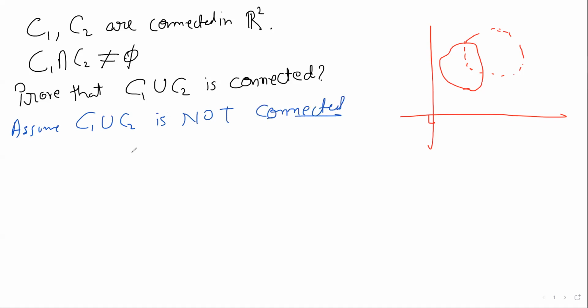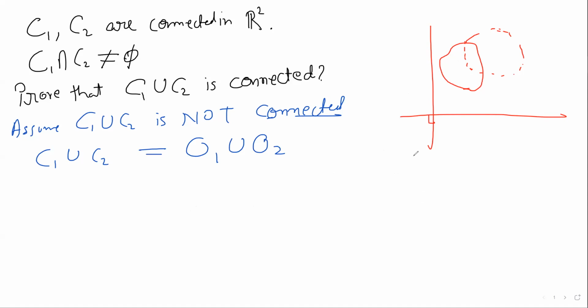Now, what does that mean? It means that you can break it up into a union of two open sets. Now it is just like the previous one. It will end up breaking up one of C1 and C2 because of the intersection being non-empty.